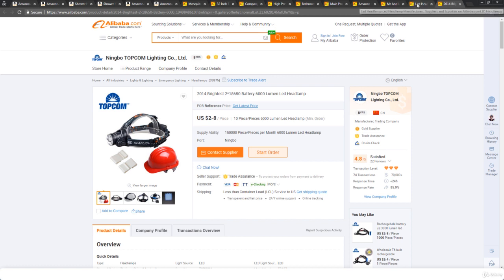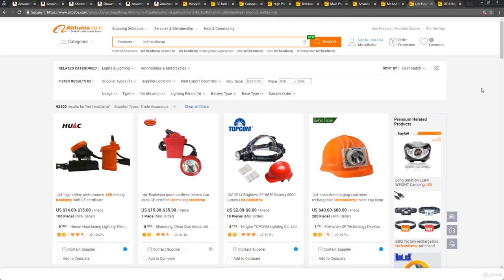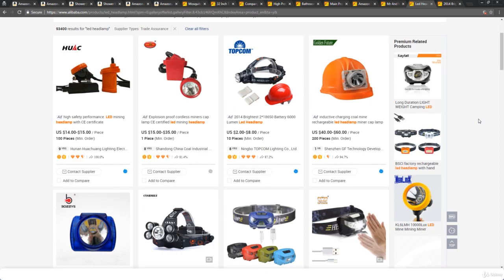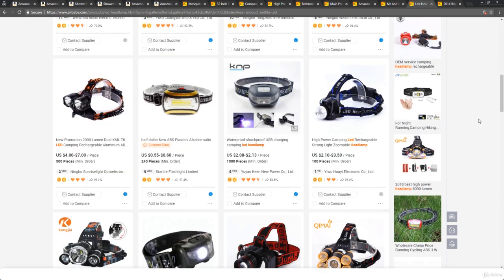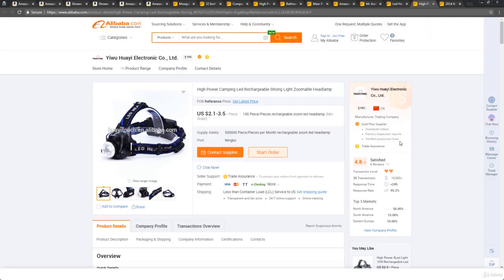Now, what I suggest you also do is that you don't just limit it to contacting one supplier. So if I was looking for this headlamp, I want to source this, I want to buy some of these or a similar one to this, I would be looking for more suppliers. There's a lot of suppliers for these kind of things. So I would be scrolling on down and I would contact some more. Here's another one here. They're a Gold Plus supplier, even though they've only got 1 year history.